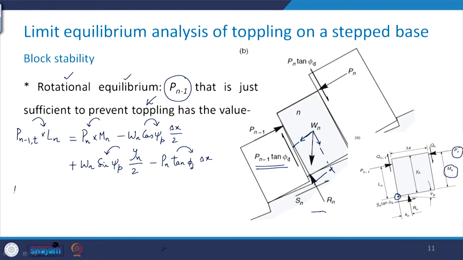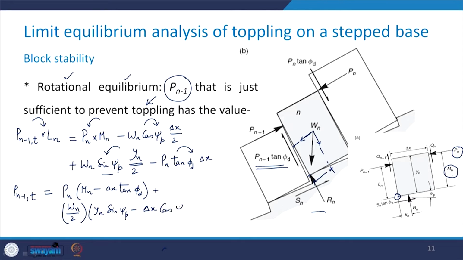So, you can write this Pn-1,t is equal to Pn into (Mn minus delta x tan phi_d) plus Wn upon 2 multiplied by (yn sin psi_p minus delta x cos psi_p), so this whole thing in a box bracket and this divided by Ln.